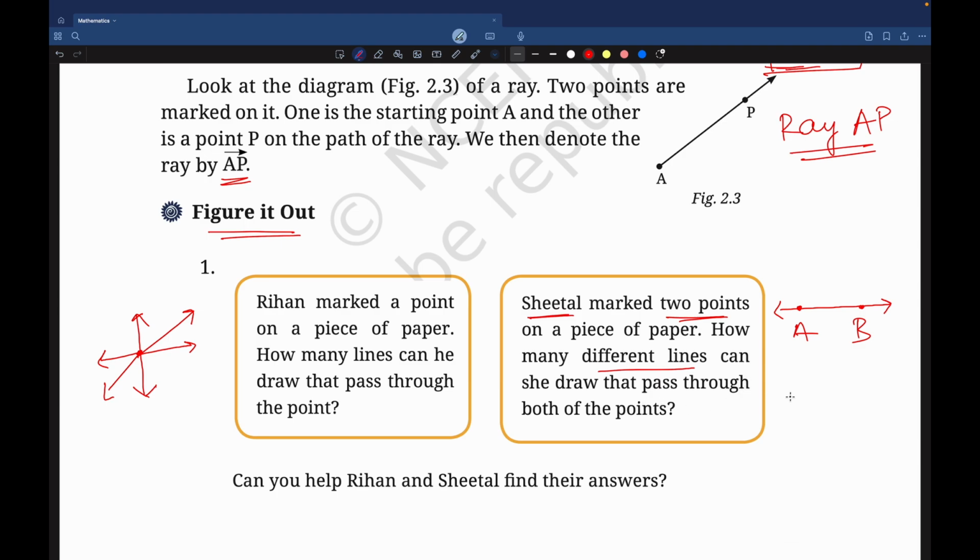If they ask for a ray, for example, these are 2 points, then we can draw two different rays. This is one ray A, B, and this is another ray, ray B, A.